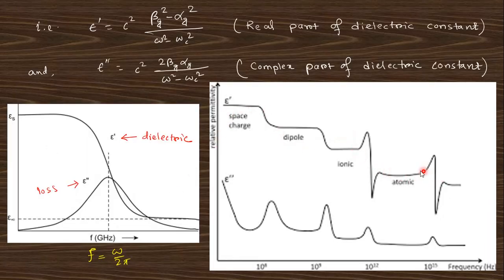If there is only space charge and dipole, this transition will happen, or dipole and ionic, this transition will happen. So depending on the material, which transition will happen is decided by the material, right? For experimental purposes, we can check the total frequency range, such that whether there are different charge, dipole, ionic or atomic effects, all these contributions can be collected from this data, right?